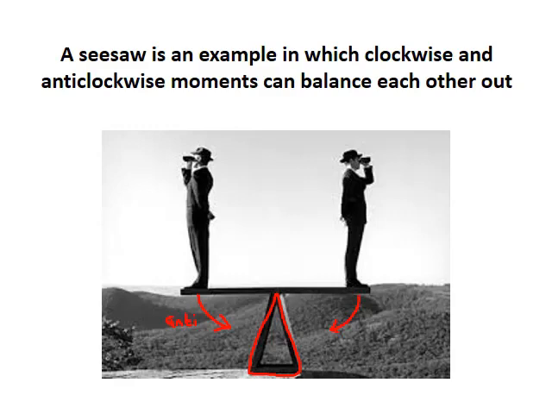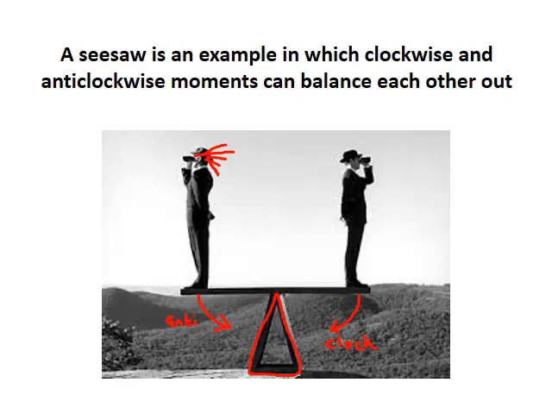If this guy jumped off, if we just lose him, then this would be clockwise, because that's the way it would move if this person either lost weight or was removed. It would move clockwise.